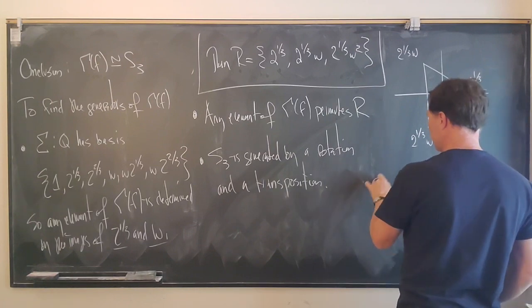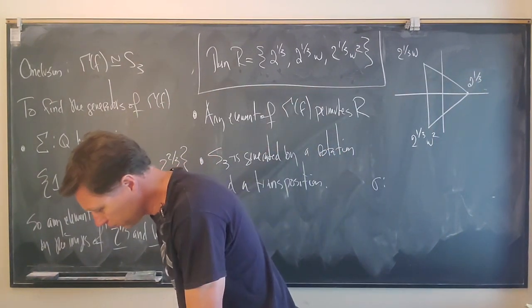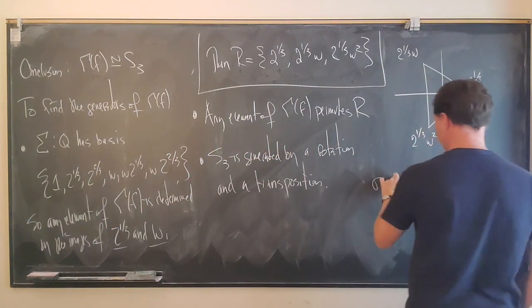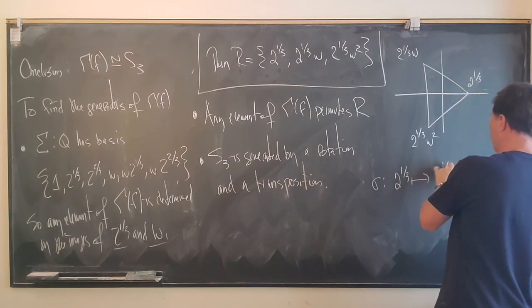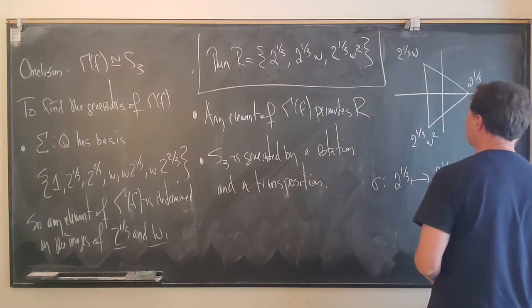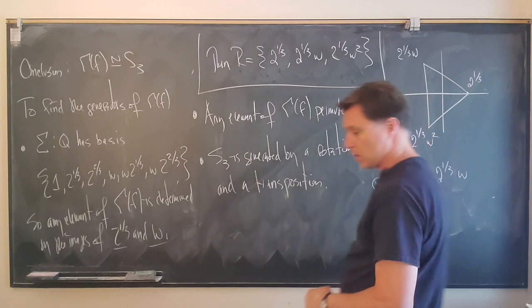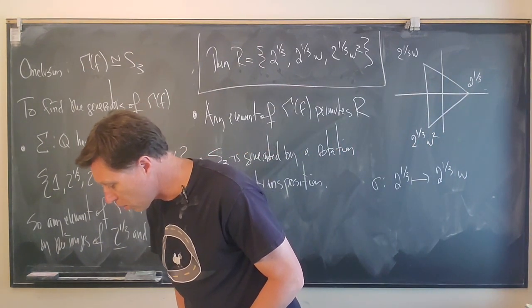So sigma takes 2 to the 1/3 to 2 to the 1/3 omega, and it takes omega to omega.